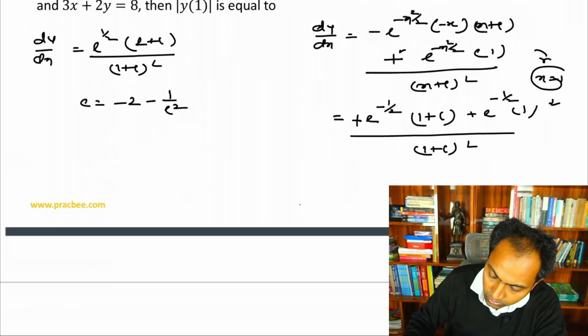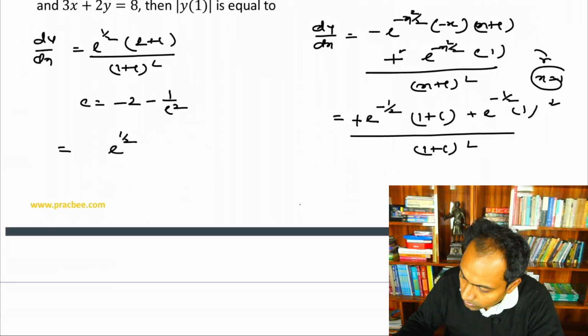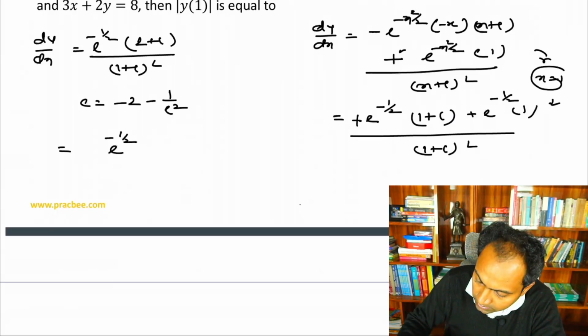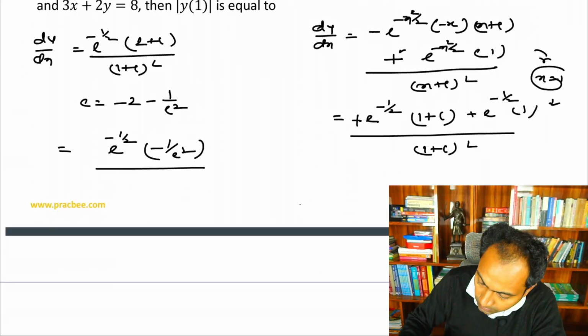So if I add 2 in the numerator, this is minus 1 by 2, which was fine. But if I write c plus 2, it will become minus of 1 by e square. Here if I put 1 plus c, 1 will become minus 1 by e square whole square.